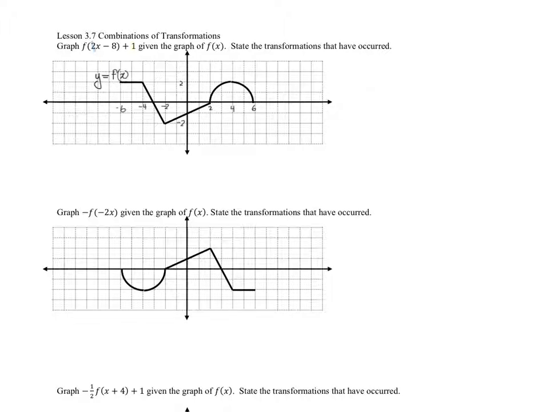This is our c value, and once we common factor out the b value, we know that we're going to have the proper d value as well. So this is going to be f of 2x minus 4 plus 1. So there's our d value here. Okay, so that means that this function is going to be horizontally compressed by a factor of half, and then translated 4 units to the right and 1 unit up.